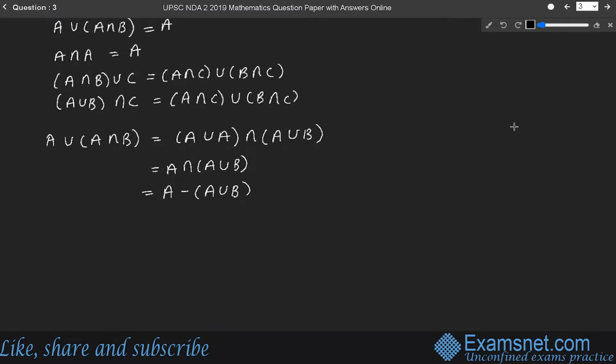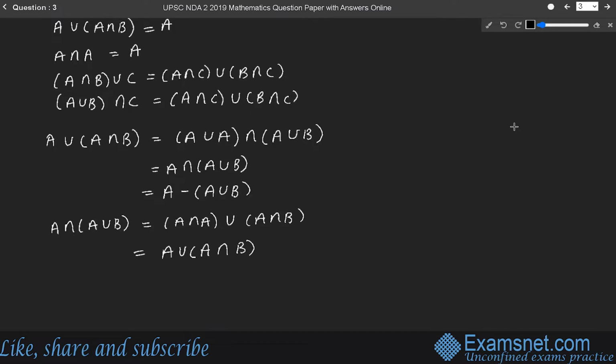Now, the second option says that A intersection (A union B) can be written as (A intersection A) union (A intersection B). So it will be equal to A union (A intersection B). Therefore, we can say that the second option is also correct.